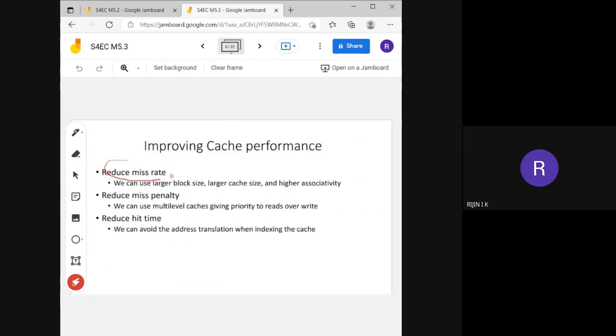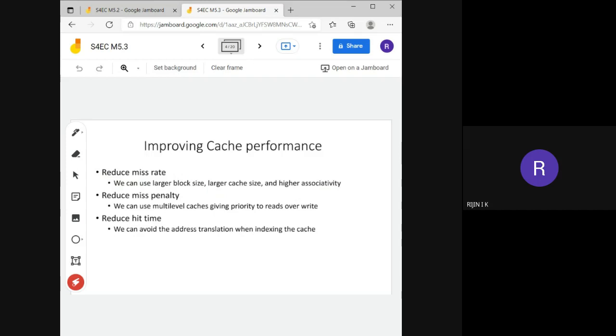For reducing miss rate, what are all the things we have to do? We can use large block size, large cache size, and higher associativity. Higher associativity means maximum it will be n-way associative.